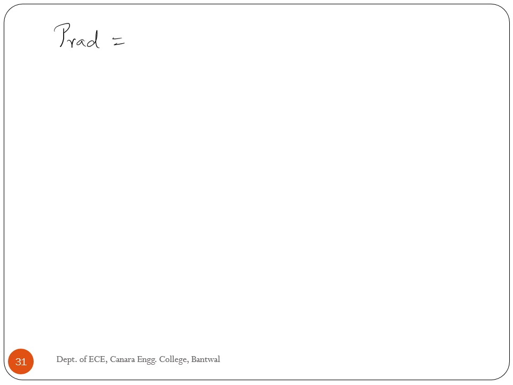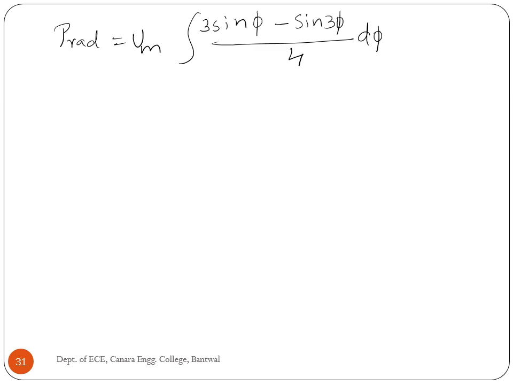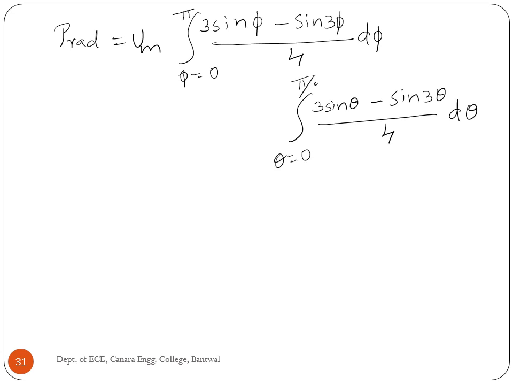Radiated power is equal to Um, integration of sin cube phi, which is 3 sin phi minus sin 3 phi divided by 4 d phi, when phi is from 0 to pi, and integration of sin cube theta, which is 3 sin theta minus sin 3 theta divided by 4 d theta, when theta is 0 to pi by 2. I'll separately solve the integrations.